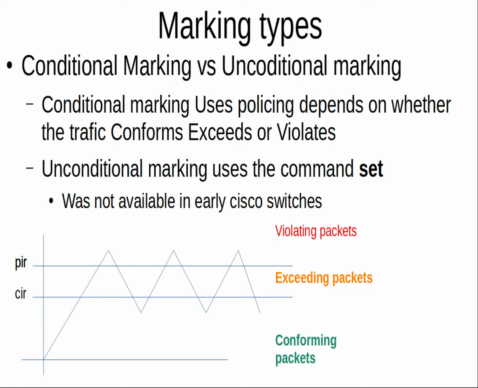Now, when it comes to actually assigning a number to the mark, we have two options here. We have conditional marking and unconditional marking. With conditional marking, we're going to use policing.